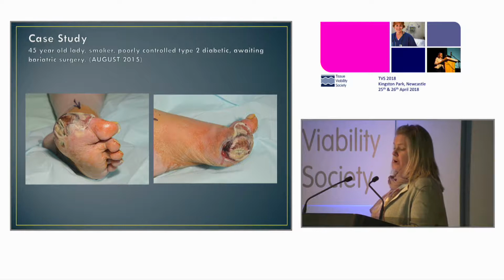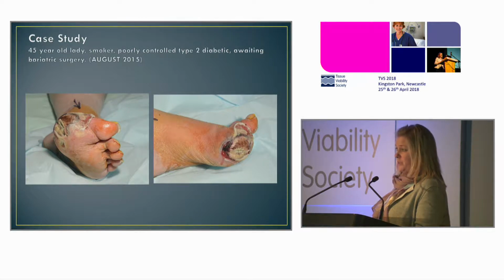She seemed quite shocked when we discussed the fact that she was likely to need a toe amputation. She didn't understand the seriousness of the situation and was clearly very upset. We even had to discuss the fact that we didn't know how bad the underlying infection was, how deep it went into her foot, and we discussed as well the possibility that she may need a below knee amputation.